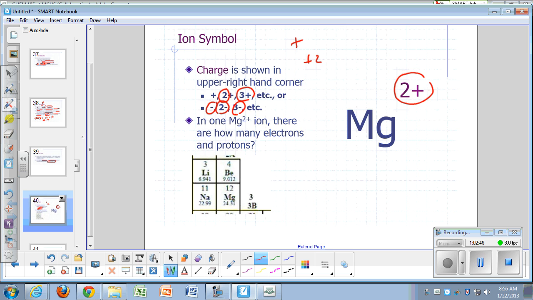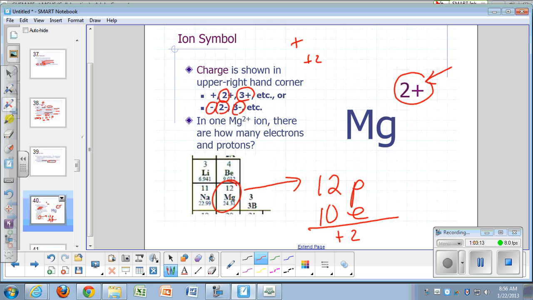Now, in a magnesium ion, as shown here, like magnesium with a +2 charge, how many protons and electrons are there? How do you figure this out? Well, magnesium automatically means 12 protons. So that means if the charge is +2, you have 2 more protons than electrons, so the number of electrons must be 10. 12 minus 10 is +2.